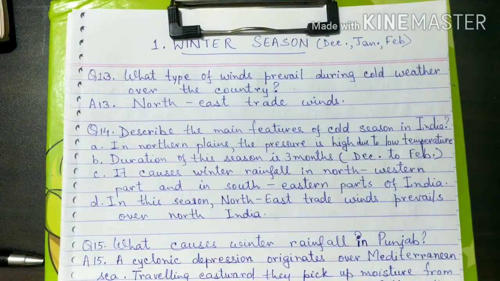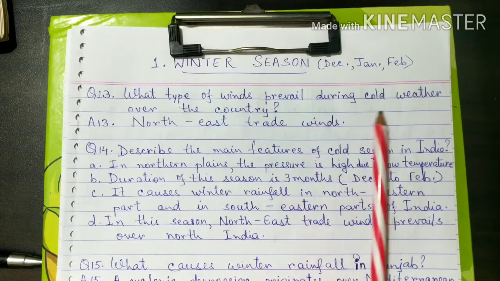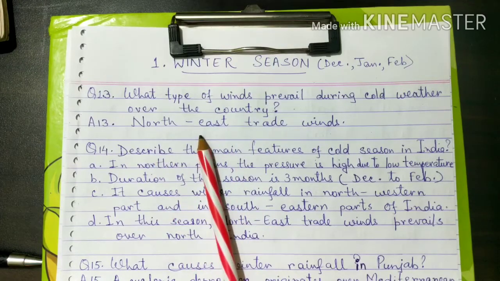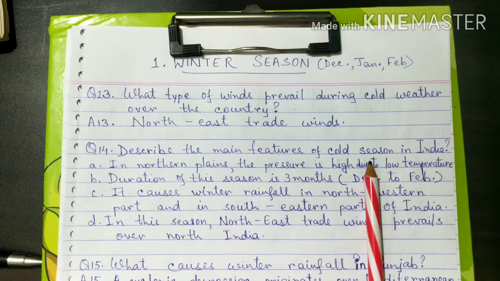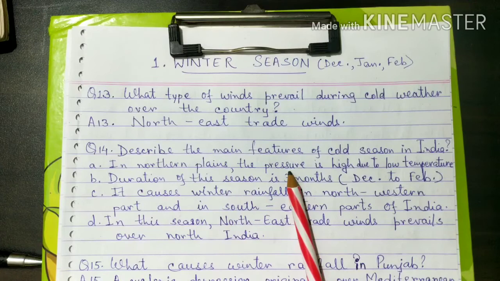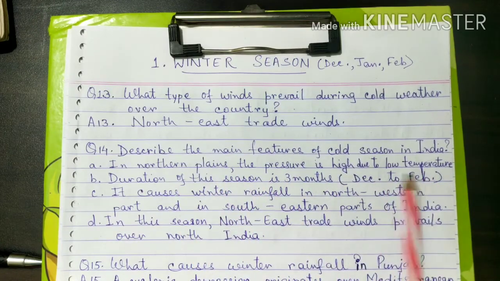Now let us see the important questions with regard to the winter season. The duration of the winter season is December to February. The important questions are: what type of wind prevails during cold weather over the country? The answer is northeast trade winds. Describe the main features of the cold season in India. In the northern plains, the pressure is high due to low temperature.